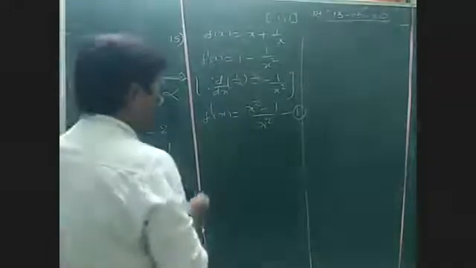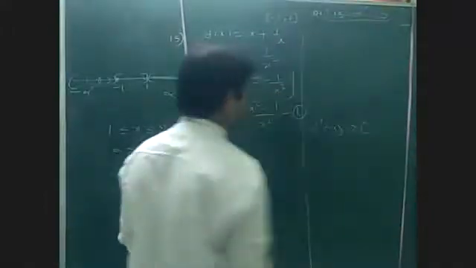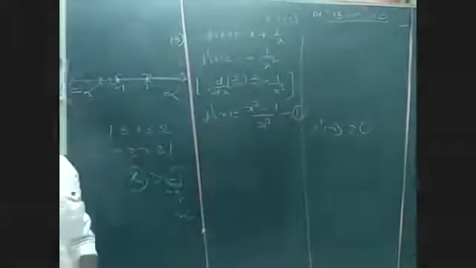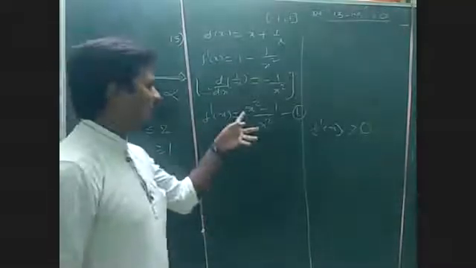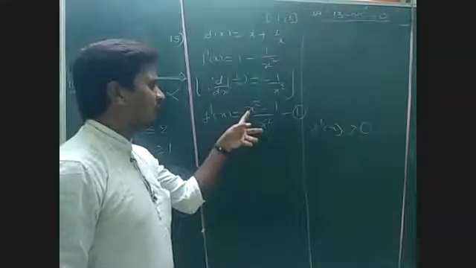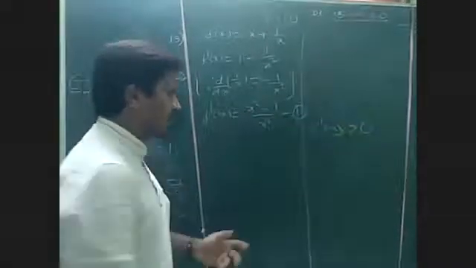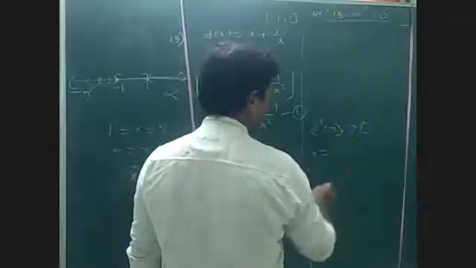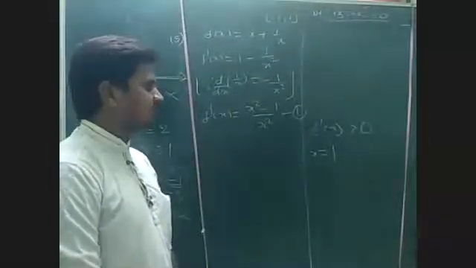So for what value of x is f dash of x greater than 0? Just check that value. Substitute that x value. Is it x is equal to 1? What is the value of f dash of x?